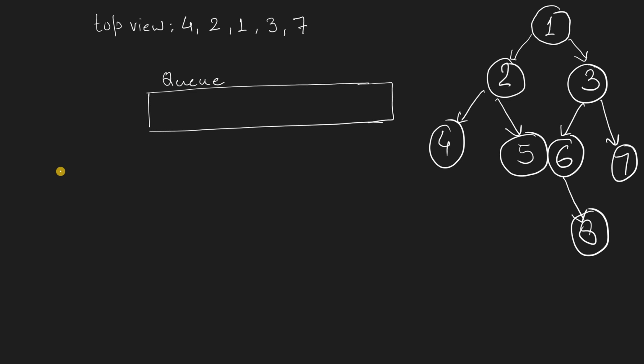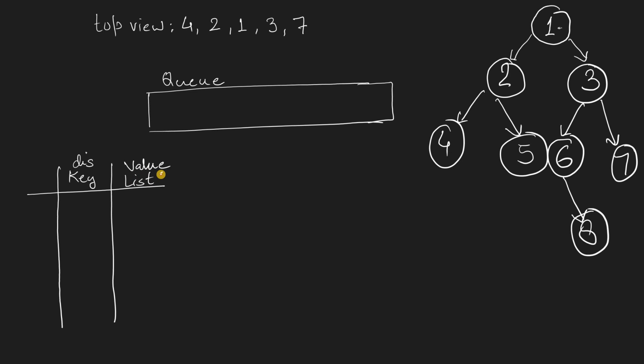and then we need to use one sorted dictionary, which will have the key as the distance from the root node, and the values of the dictionary will be list of nodes, right?